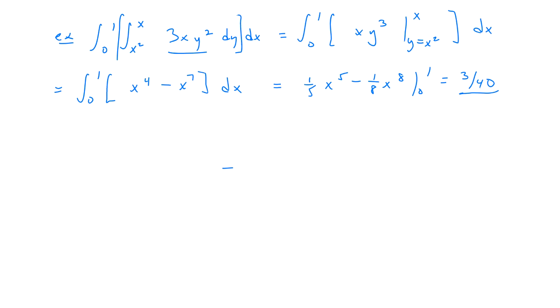And unlike the last ones, where it's just antiderivative, this actually gives us something. So if you remember from Calc 1, what the single integral gives us is the area under the curve over the interval we're looking at.